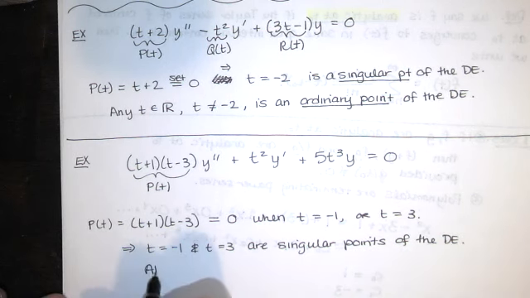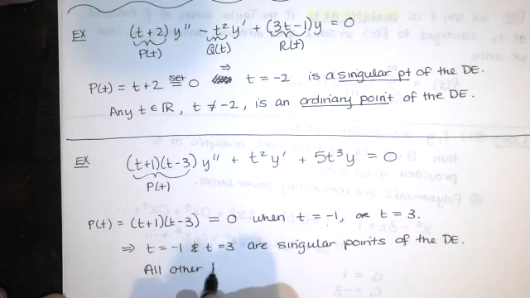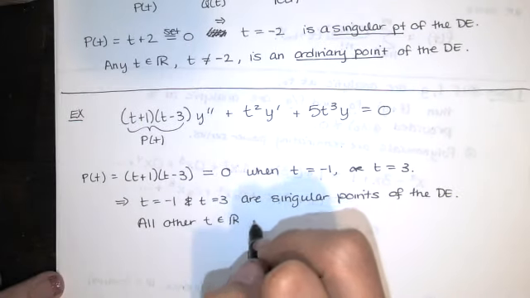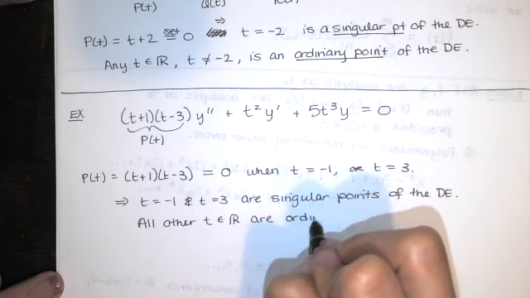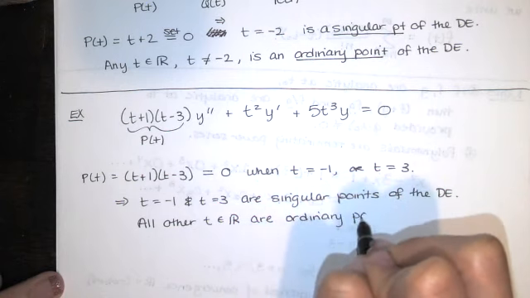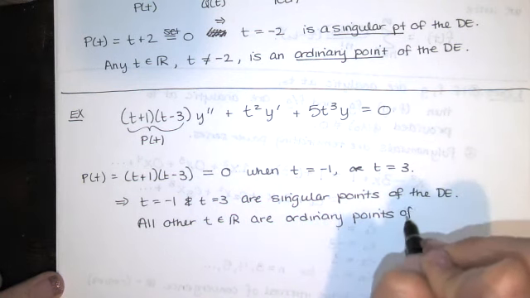And all other values of t in the real number system are ordinary points of the differential equation.